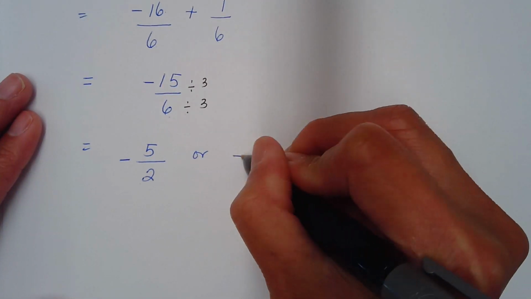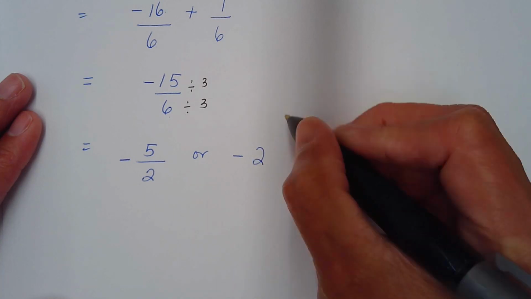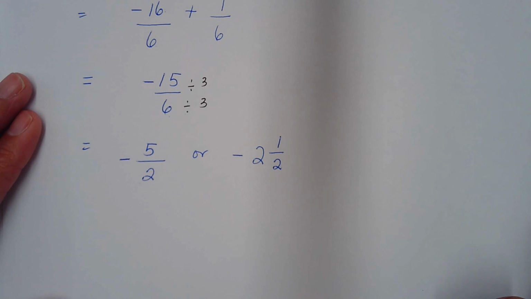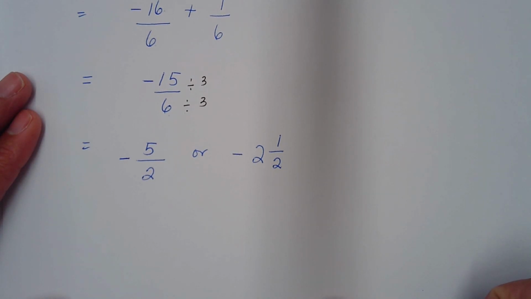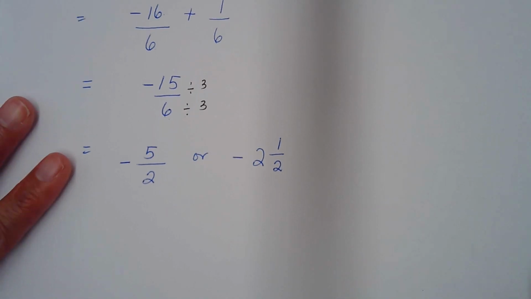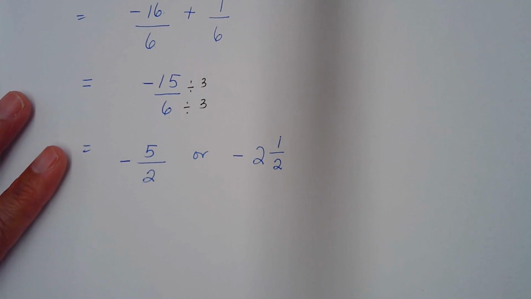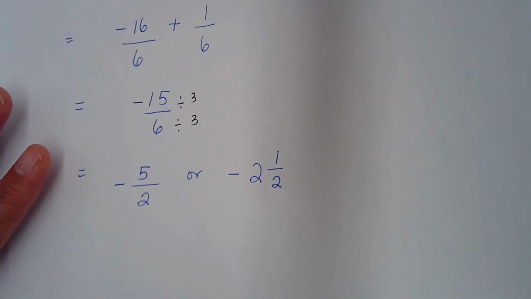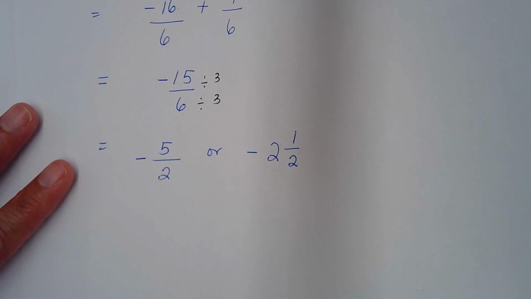So it's going to be negative 2 and 1 half. Is that okay? Yeah. Step at a time. Is it getting better? Is it okay to move to the next one?